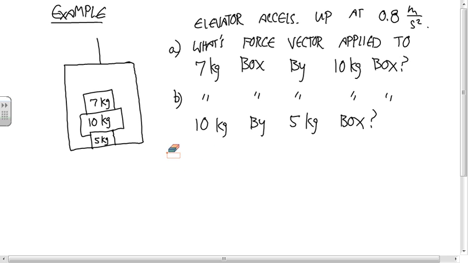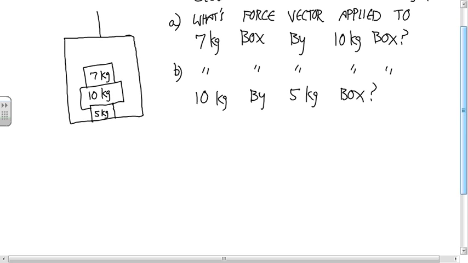So let's just do these first two. All right, so for part A, we're going to use Newton's second law to solve this, so we know we need a free body diagram. So I'll draw a free body diagram of the 7 kilogram box.